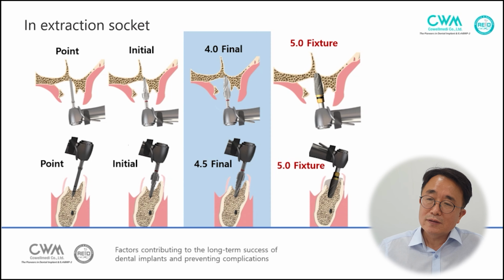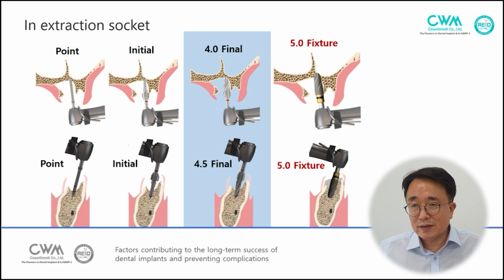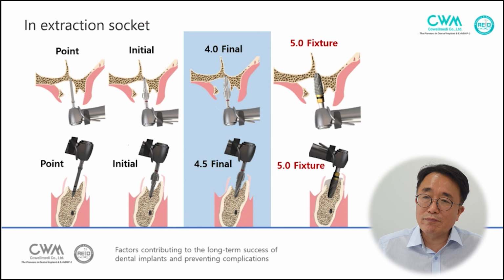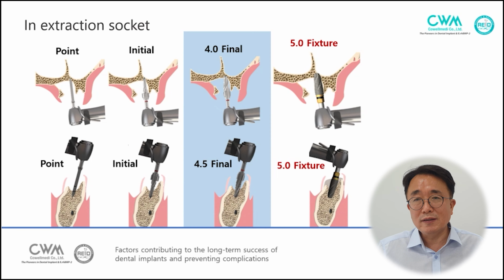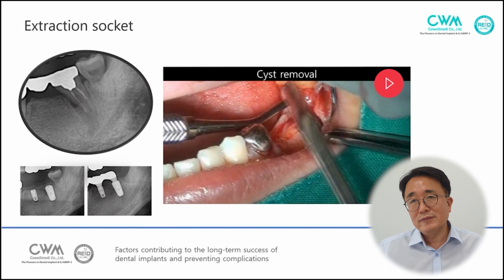In the molar, bone quality is usually dense, so the final drill is diameter 4.5, but the implant is diameter 5. The implant is inserted. You can get over 35 Newton centimeter with this technique.